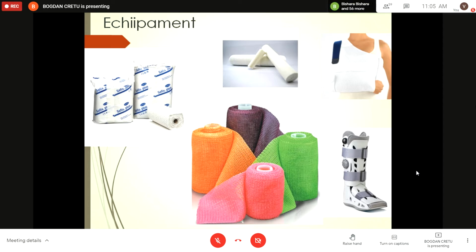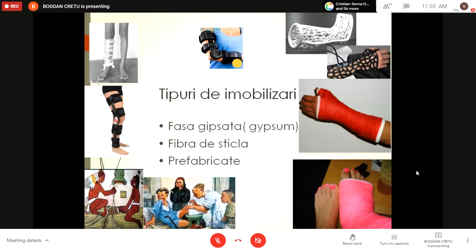In the lower image, I think you saw it and you know it, the air cast, used usually for lesions around the ankle. Again, we have the gypsum bandage, the fiber bandage, and the ones that are already prefabricated. You can see them in the right upper image.